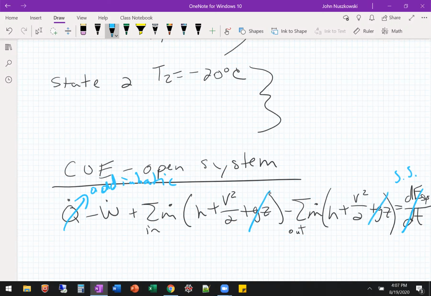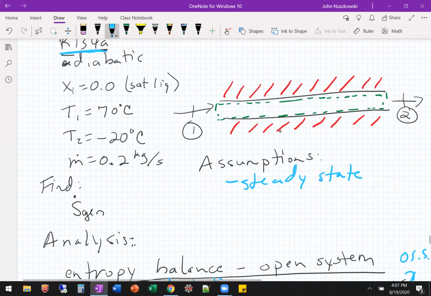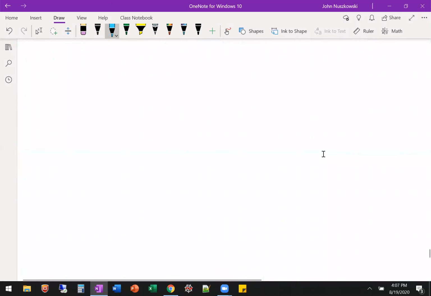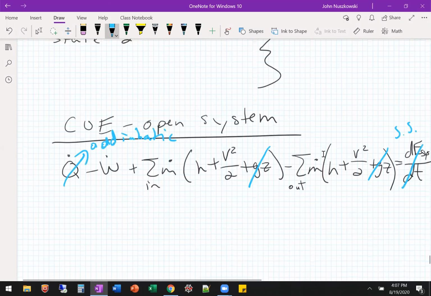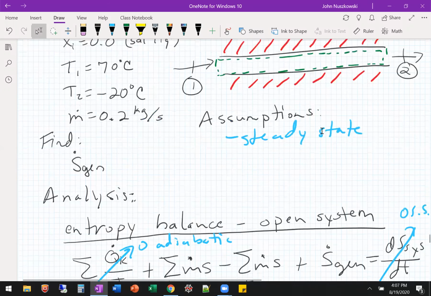The tougher one, though it's not as tough with the capillary tube, is that there's not going to be much change in velocity from the inlet to the outlet. The areas are pretty similar, so you get to neglect the kinetic energy too. And there's no work.